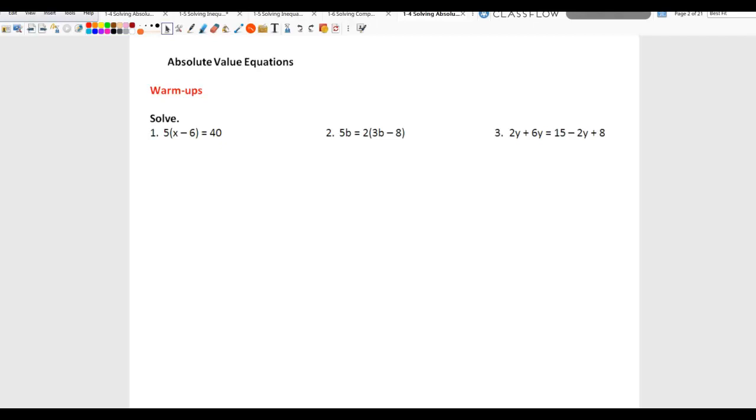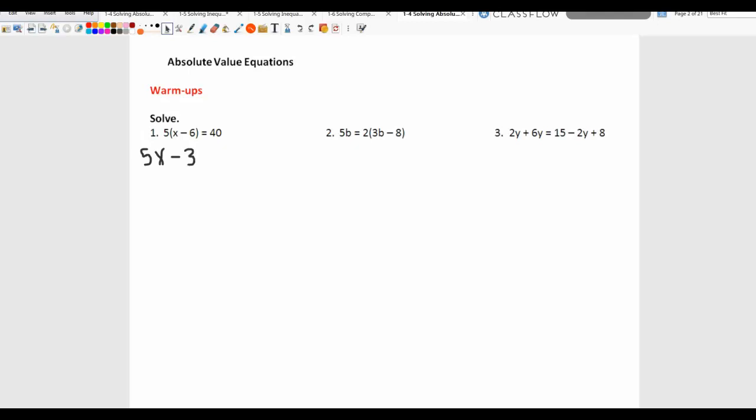So if we are solving for a variable, what we want to do is go ahead and identify our variable and solve for it. So in that first example, you have two choices. You can either distribute to start or divide both sides by 5. A majority of us, I believe, would distribute.